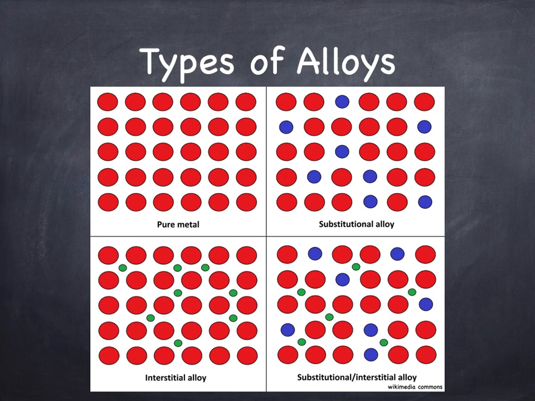There are several different ways to make alloys. Here in the top left corner, we see the pure metal, where it's all a single cation. Again, the red dots there represent cations, and the free-floating valence electrons would, of course, be in between all of them. A substitutional alloy is going to replace some of those cations in that structure with different metal cations.